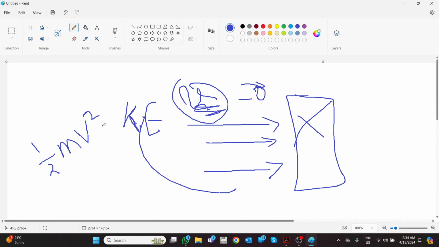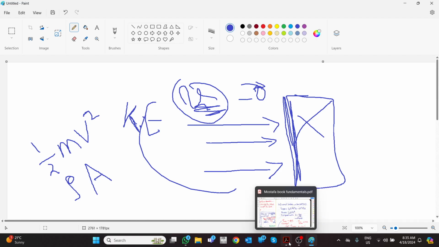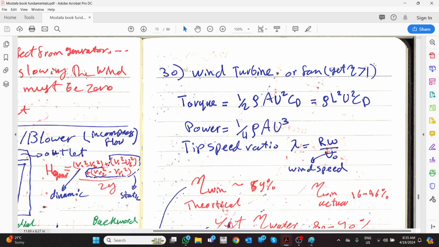This is the full kinetic energy, which we can write as rho multiplied by the area, multiplied by the velocity.